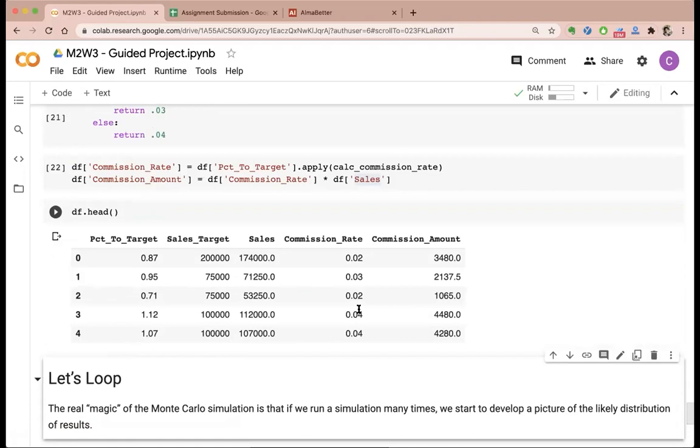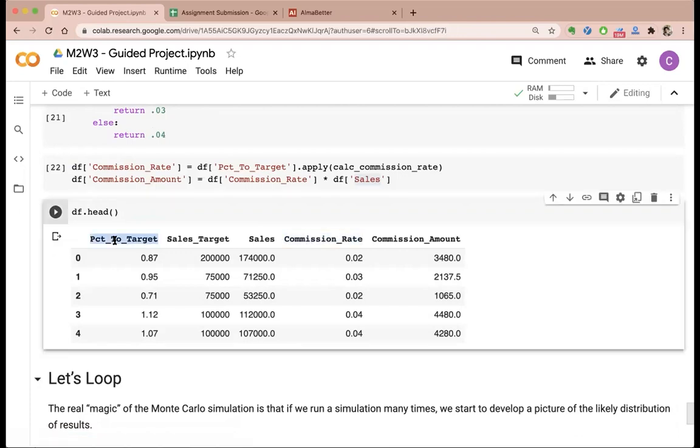We have percentage to target and sales target. Just remember, these two are the input variables that were generated randomly for 500 employees. Sales is the product of these two. Commission rate is derived from percentage to target, and commission amount is commission rate into actual sales. So this is how you generated your whole table.